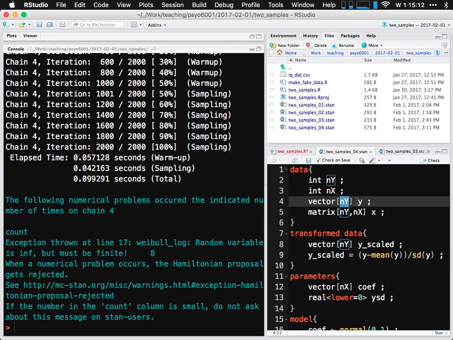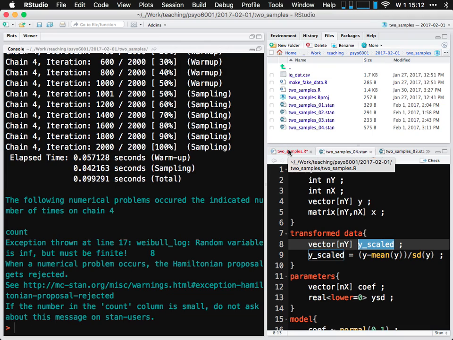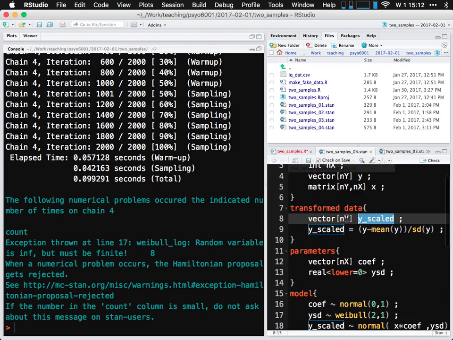Only in initializing y as a vector. We need to know how long it's going to be to initialize it. Ditto to initialize x. And here we use it to initialize this thing called y scale, which is just going to be the same length as y. Okay, so ny is just telling that that's how long the vector is. Yeah. The actual number 200 is not used at any point. Okay, that's what I was thrown off by.